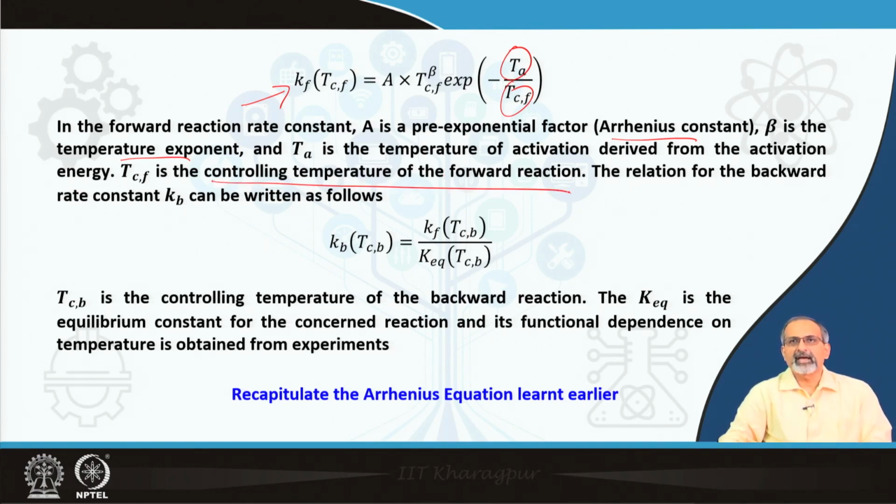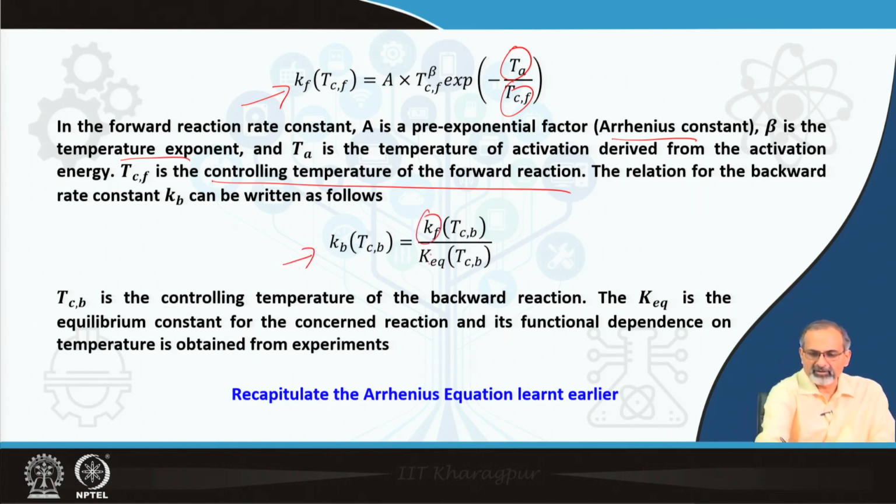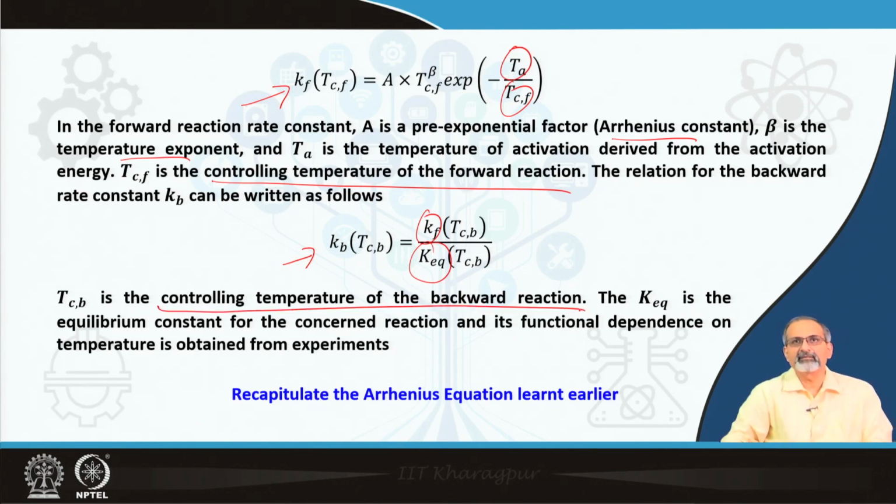Similarly, the expression for the backward rate constant is over here, where the forward rate constant and the equilibrium constant get involved, and the temperature Tcb is the controlling temperature of the backward reaction. Remember that non-equilibrium effects in terms of the chemistry can very well exist here, and in that case you have to account for the fact that Kf is often not the same as Kb, and one can be dominating over the other.